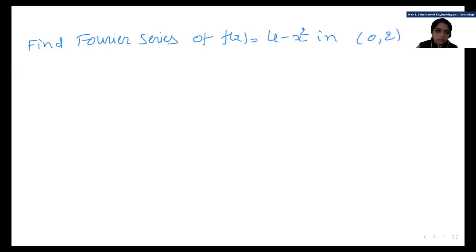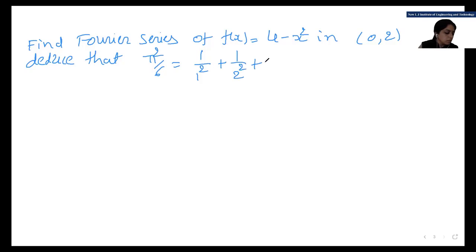Hence, deduce that pi square by 6 is equal to 1 upon 1 square plus 1 upon 2 square plus 1 upon 3 square plus and so on. So this is our question.